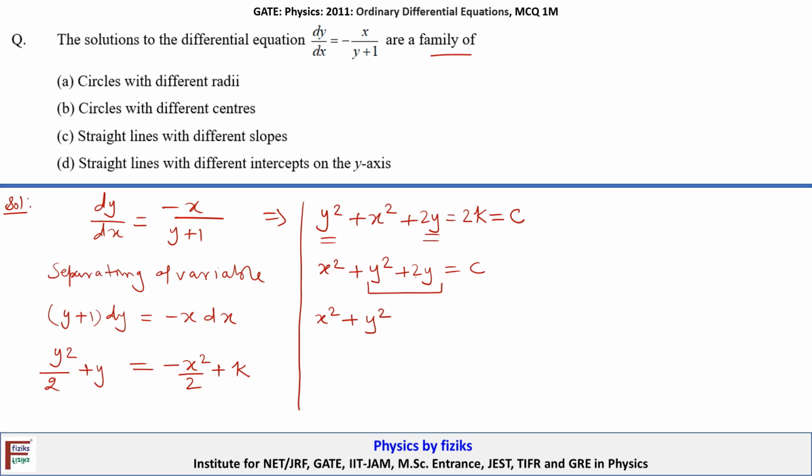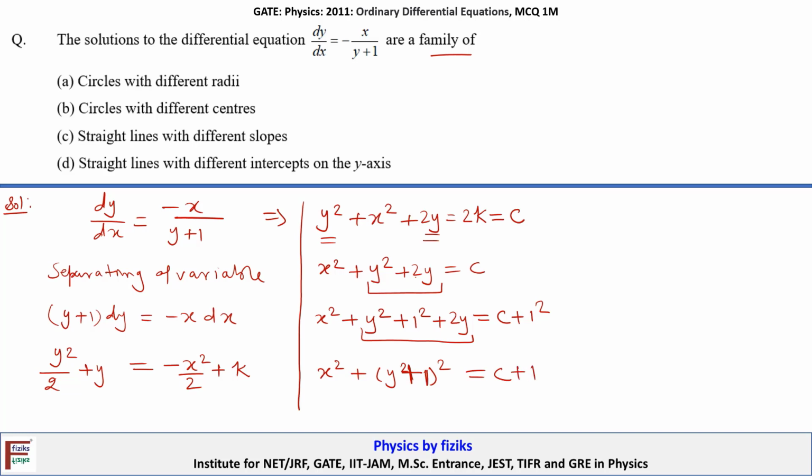Here the coefficient is 2 and its half is 1, and we add 1 square on this side, and also 1 square on the right hand side. Then the equation becomes a complete square: x square plus (y plus 1) whole square is equal to c plus 1.